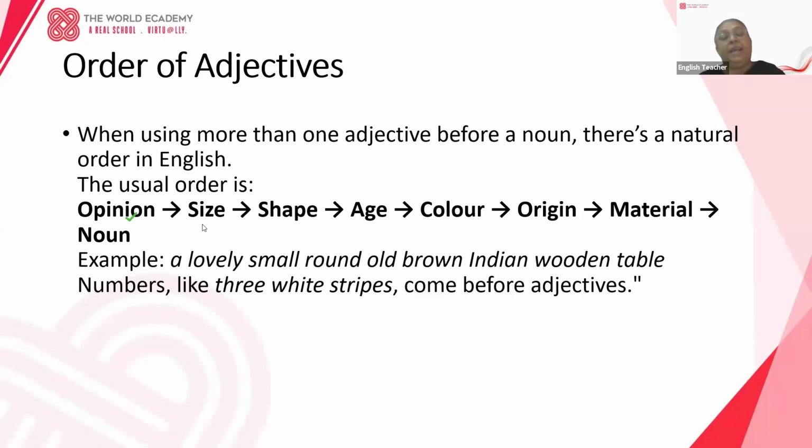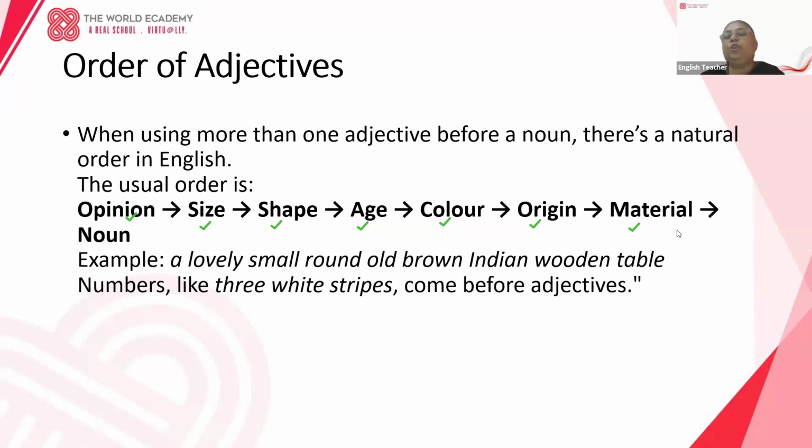Then if there is a mention of the size, small, big, then if the noun has a description of its shape, and if there is a boy whose age is also mentioned, then color, origin, which place he is from, Indian, Japanese, Egyptian, Sri Lankan, African, American, then kind of material.